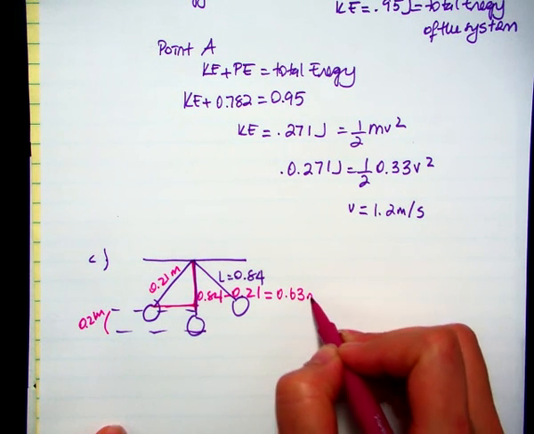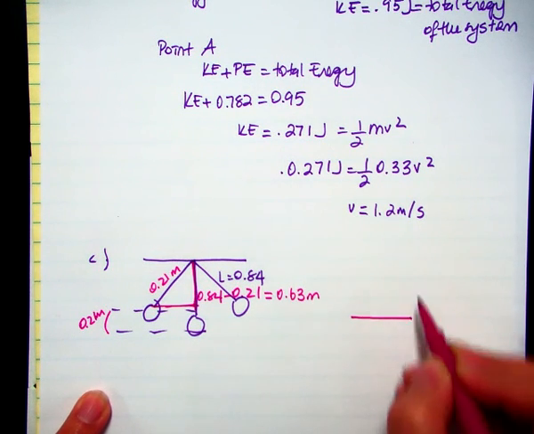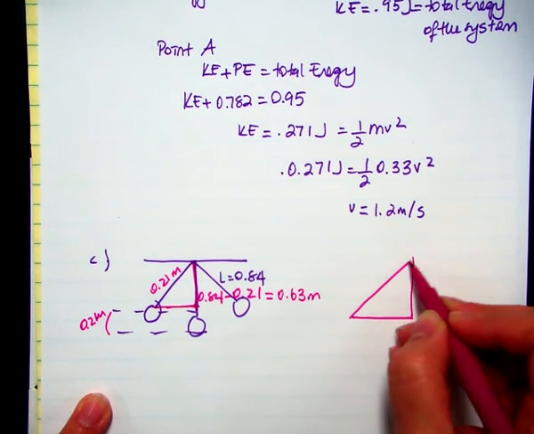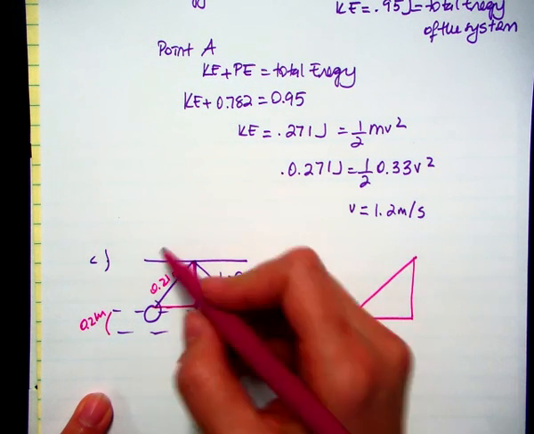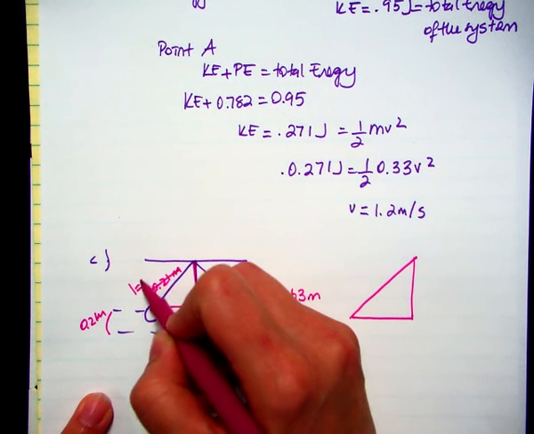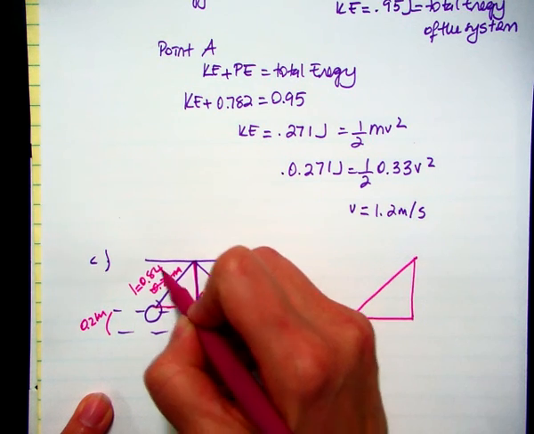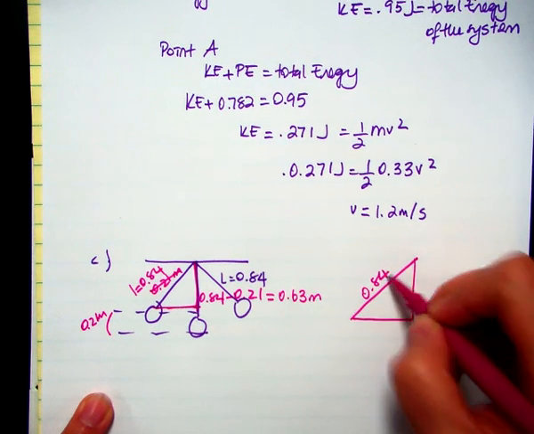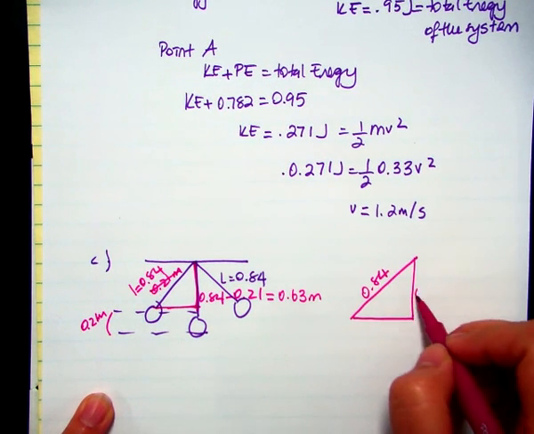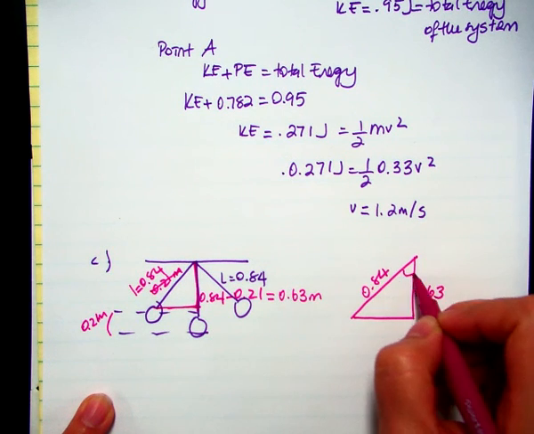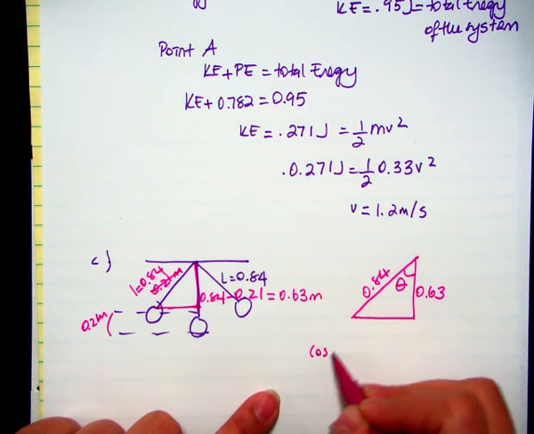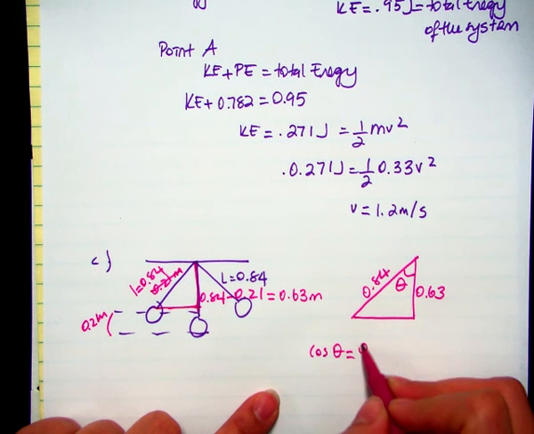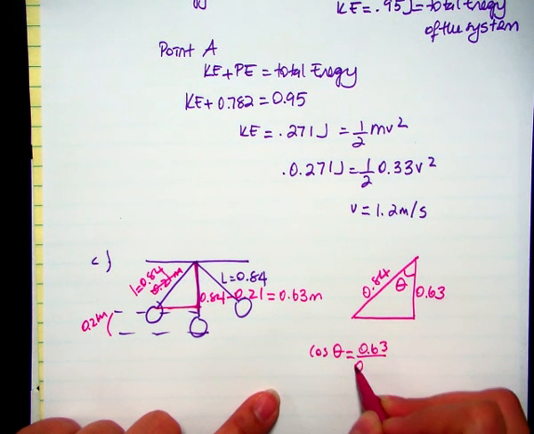meters. So I'm going to draw this triangle one more time to make it more clear. You have the length here, 0.84, and then this is 0.63, and you're looking for the angle. So cosine of that angle must be 0.63 divided by 0.84, right?